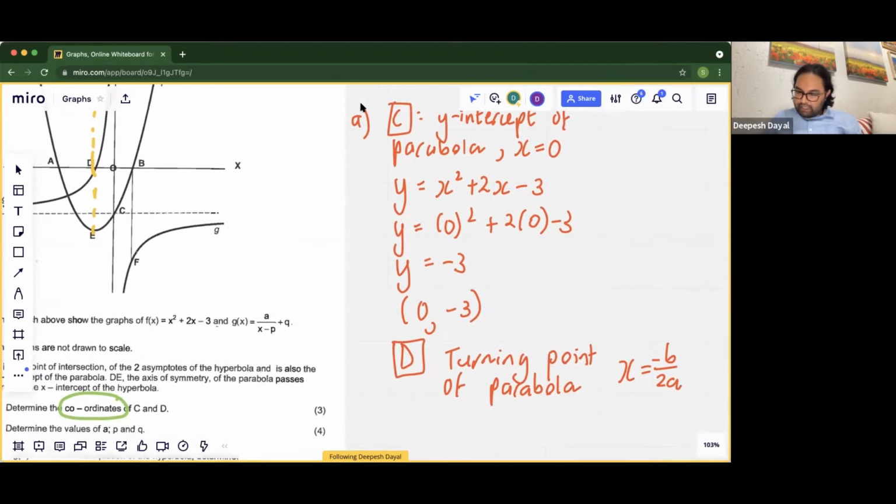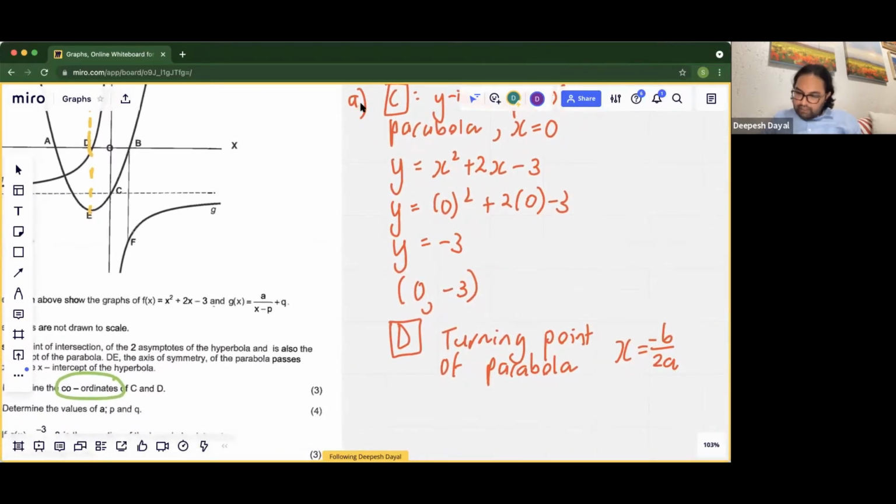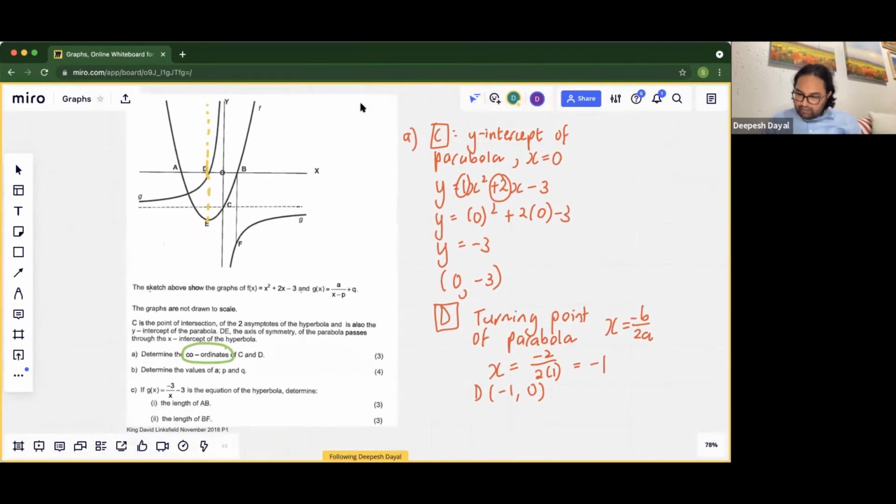And if you look at the parabola equation, this one is b and this a is 1. So x will equal minus 2 over 2 times 1, which is minus 1. Thank you for that, Daniel. So we've got D is minus 1 and 0, and C is 0 and minus 3.